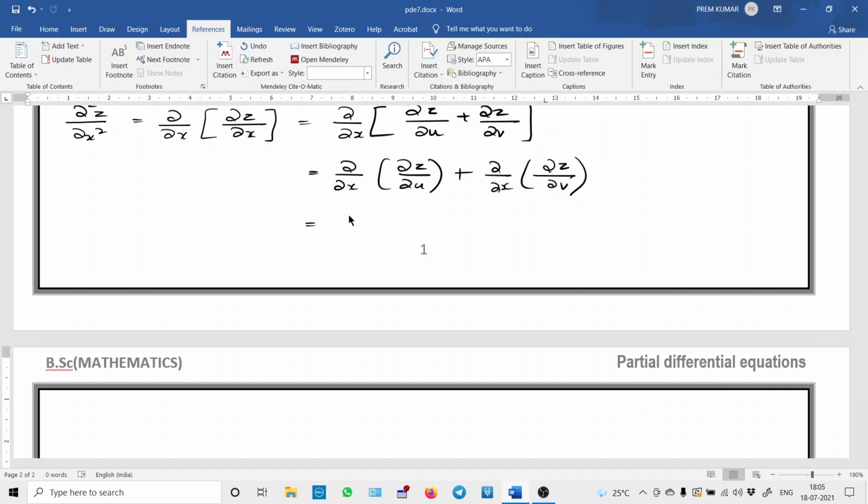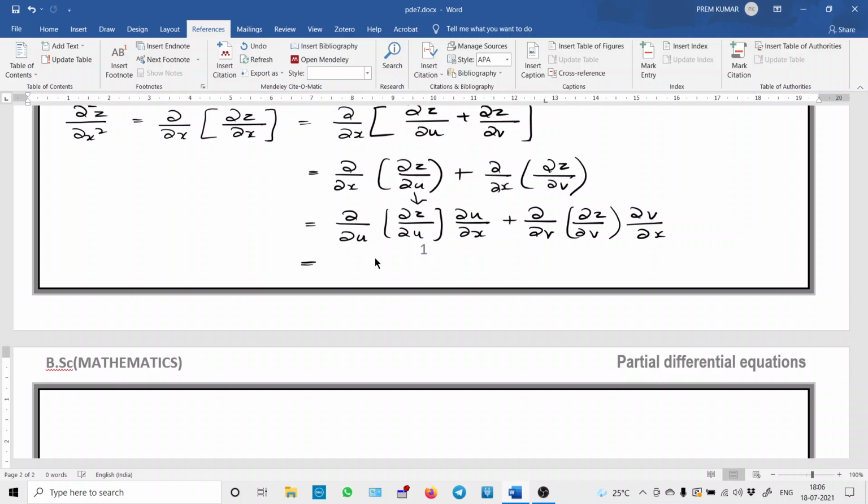Here, first we differentiate with respect to u, and this u we differentiate with respect to x. Then, plus, now we differentiate first with respect to v, this term ∂z/∂v, and then this v is differentiated with respect to x, because u and v are functions of x and y. So we get like this.